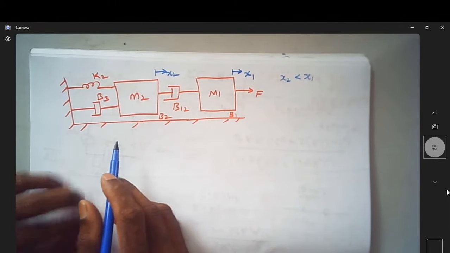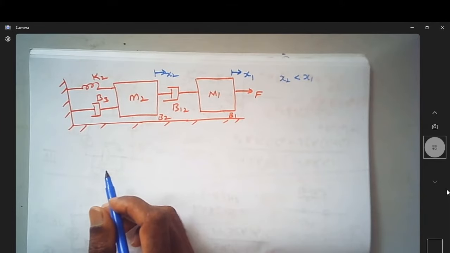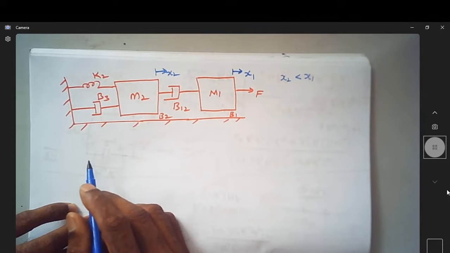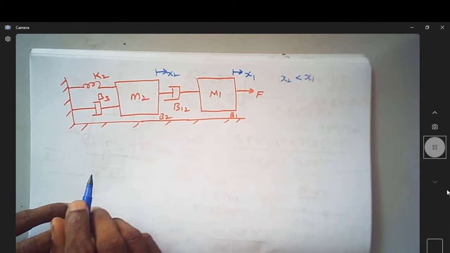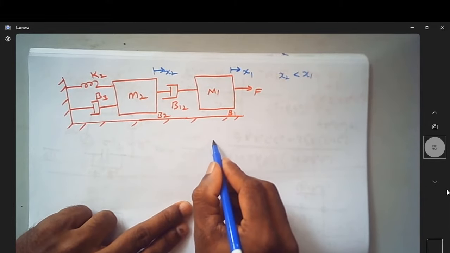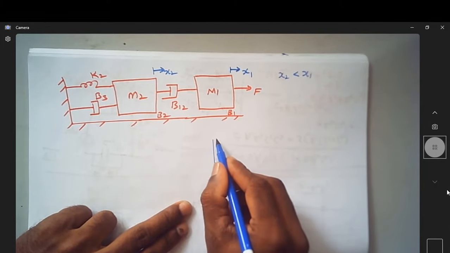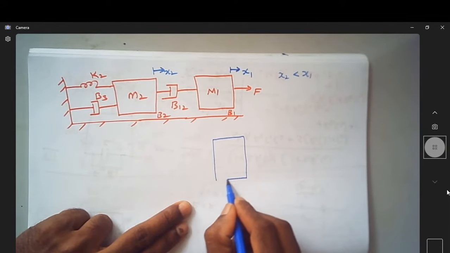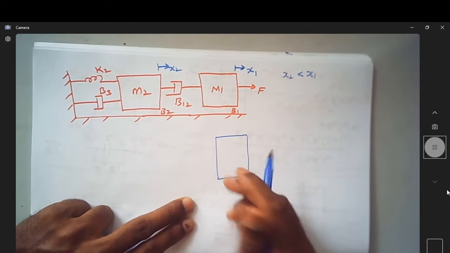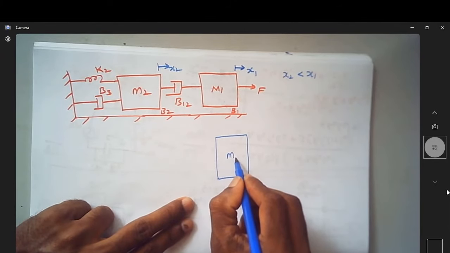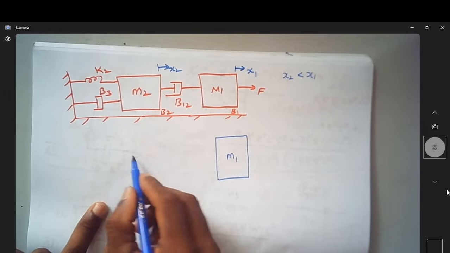Now before we start writing the Laplace transform of this particular system, let us write a free body diagram, which indicates the acting and opposing forces on the different masses. Since we have two masses, we separate them.